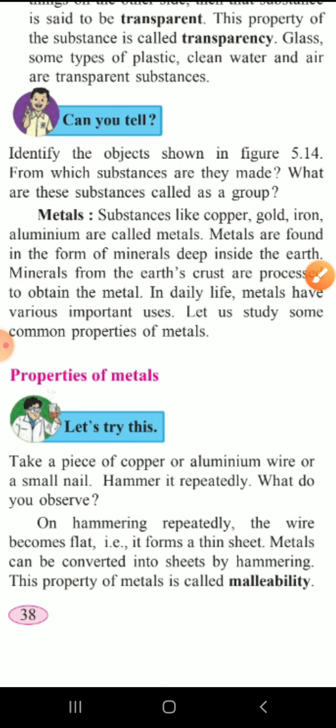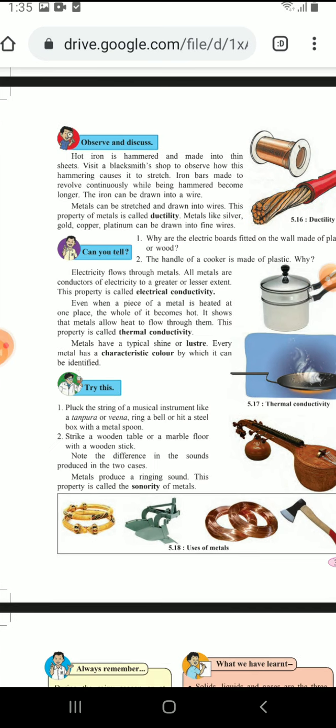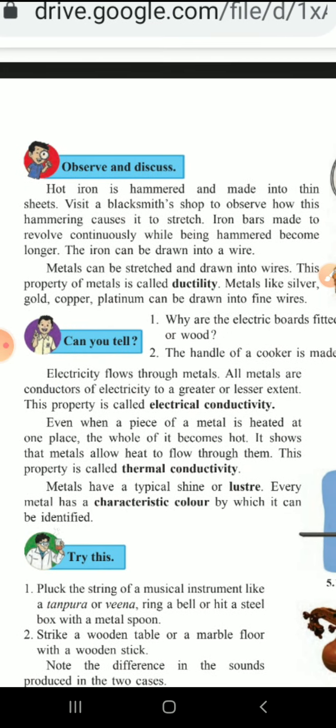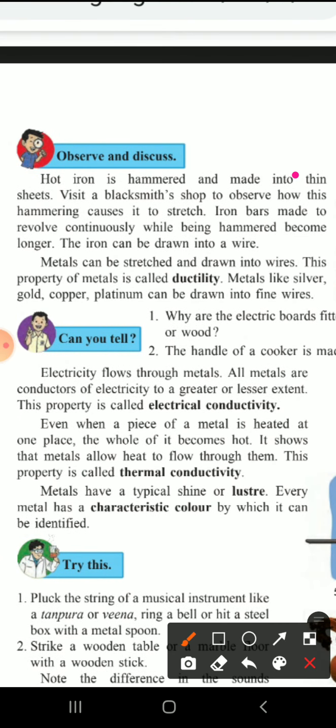Now open page number 39. Observe and discuss. Hot iron is hammered and made into thin sheets. Visit a blacksmith's shop to observe how this hammering causes it to stretch. Iron bars are hammered continuously.